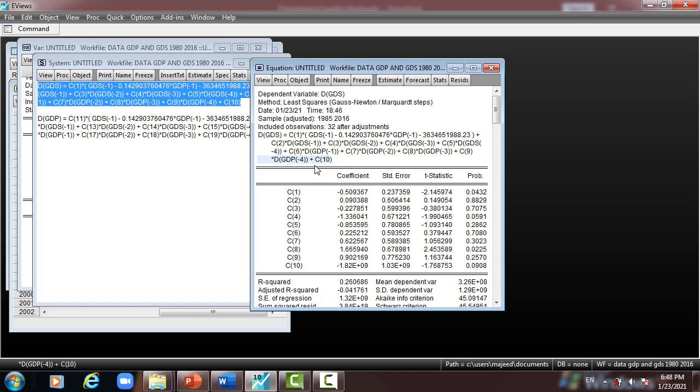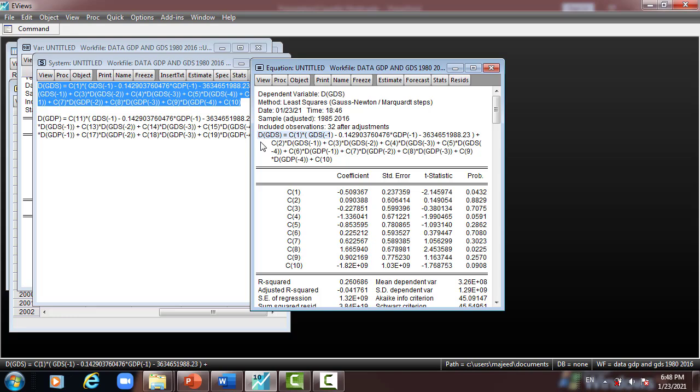The error correction model: when GDS is the dependent variable, GDS becomes the first difference, D GDS, because the variables in a vector error correction model are converted to the first difference.